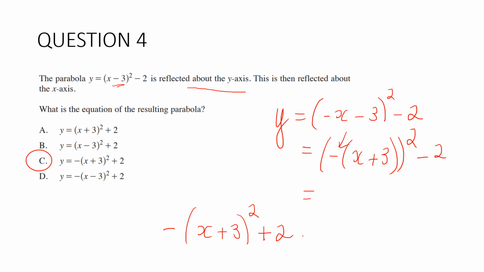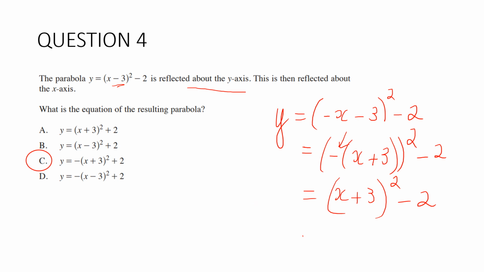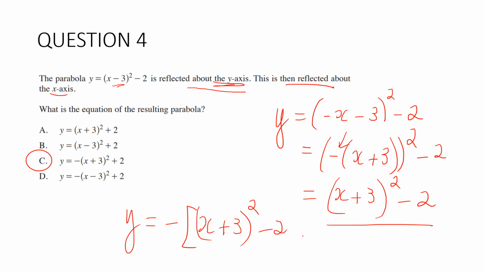So it's equal to (x + 3)² − 2. Now, that's only the first one. When we reflect about the x-axis, we're going to negate all of this. And so y will become −[(x + 3)² − 2], which is −(x + 3)² + 2. So again, the answer is C.